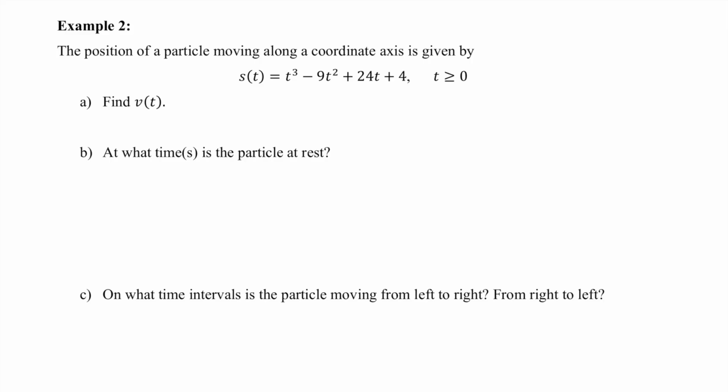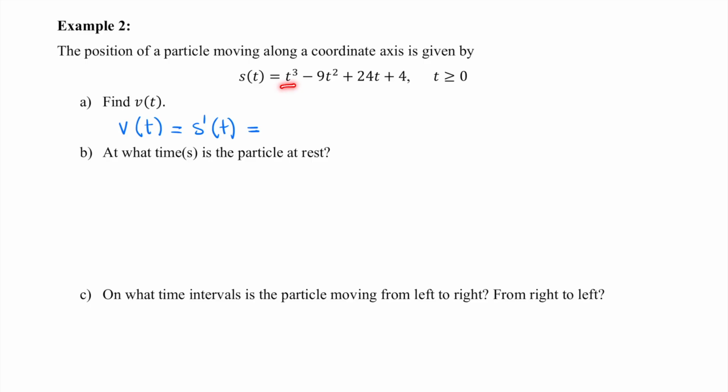First, we want to find the velocity function. Remember that velocity is the derivative of the position function, so v of t is s prime of t. So we take the derivative of s of t, differentiating each term.